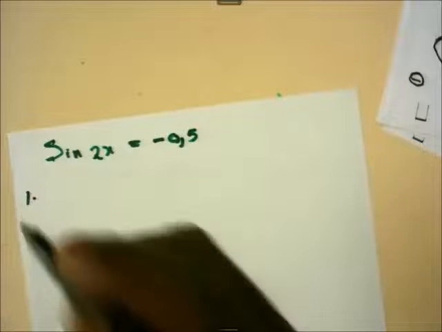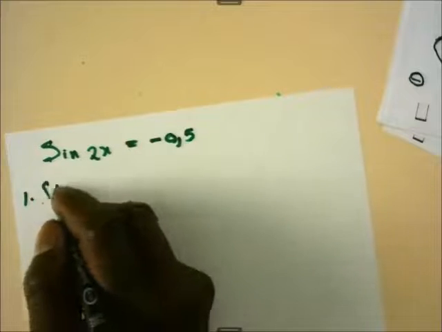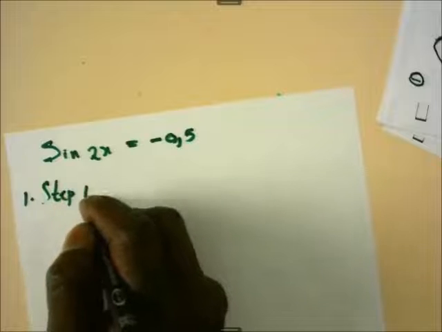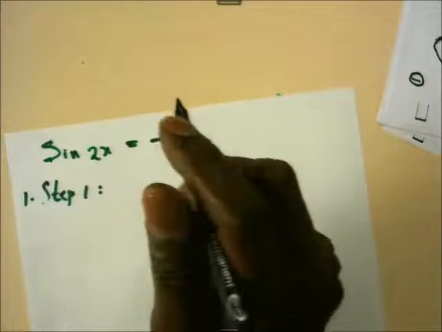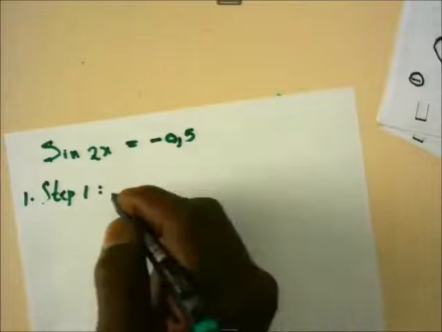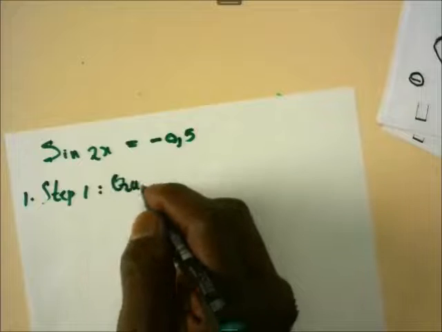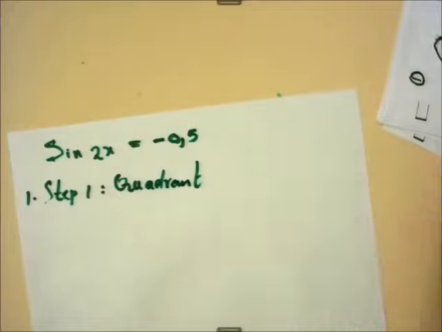We move along with the steps. Step one. Who can remind us of step one? Oh, everybody is comfortable with step one. Step one is to identify the quadrant. And where are we?